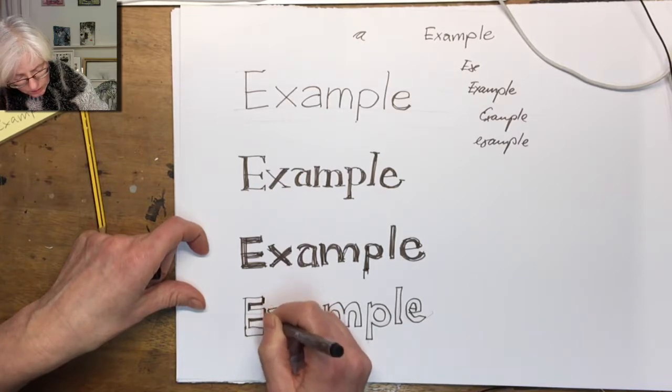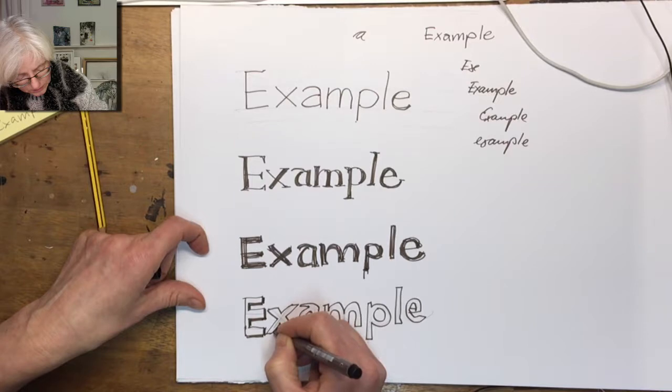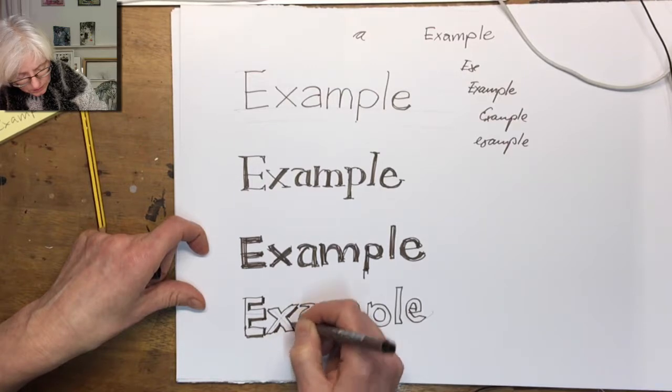And put the shadow only on one side and on the bottom end. Like here and here.